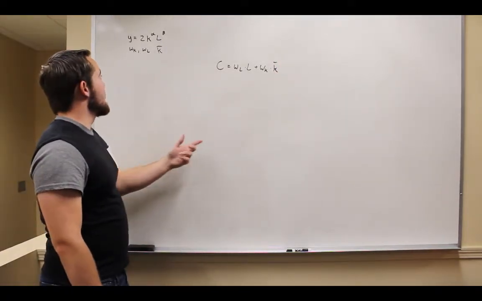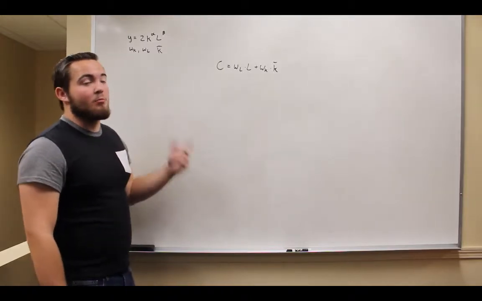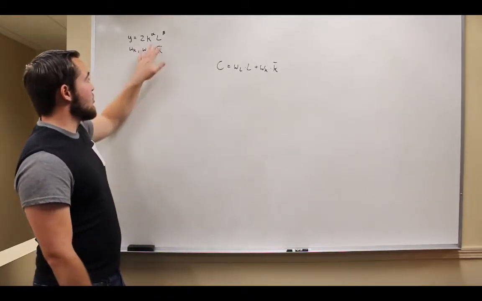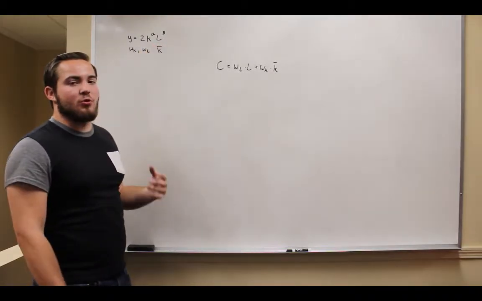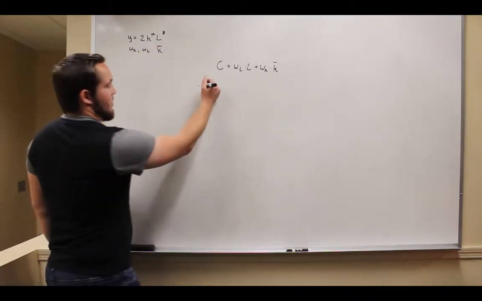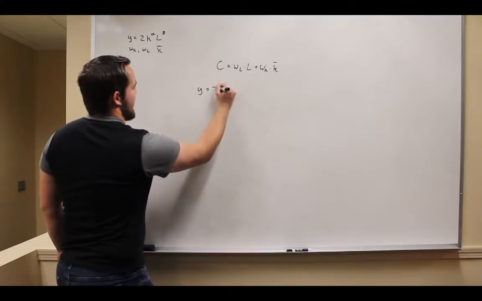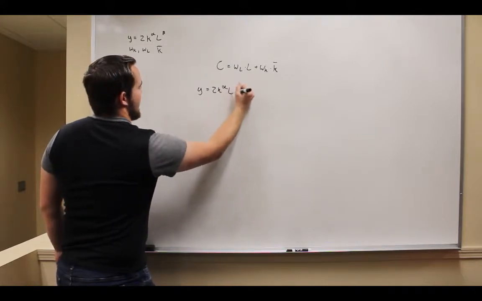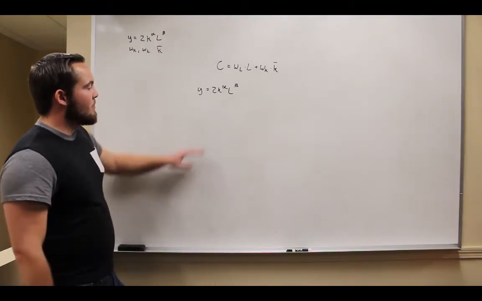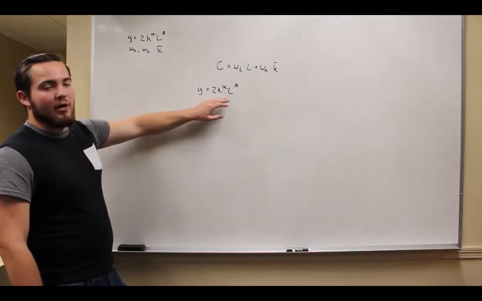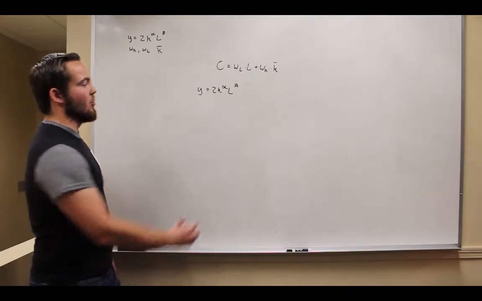Now, normally what we do is we go ahead and set up a Lagrange. But because it's short run and we actually only have one variable that's changing, we can just do a normal first order derivative. So I'm going to go ahead and write out my function here. What we know is that we have this, but we can actually replace this k with our k bar once again.